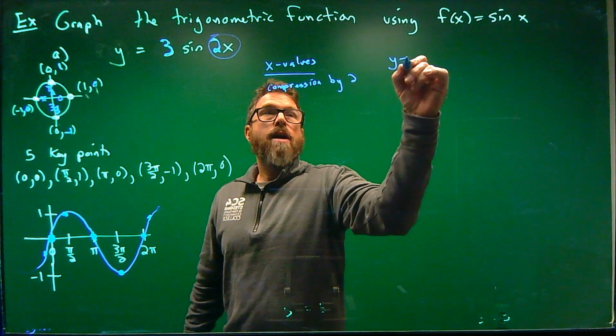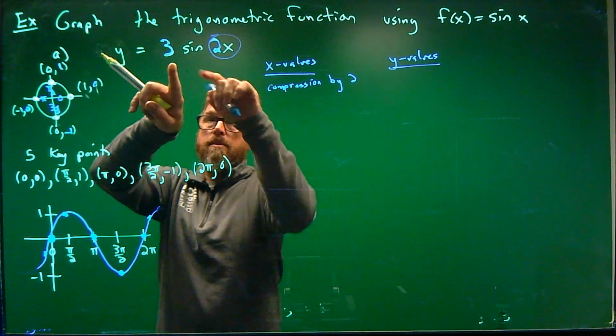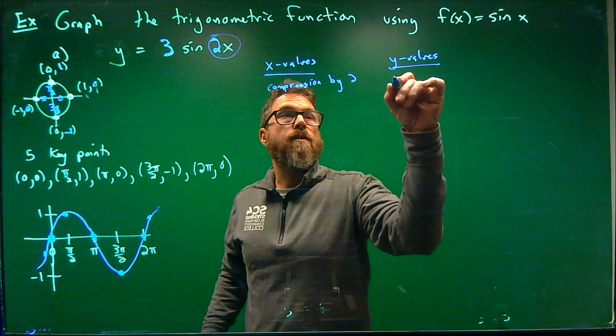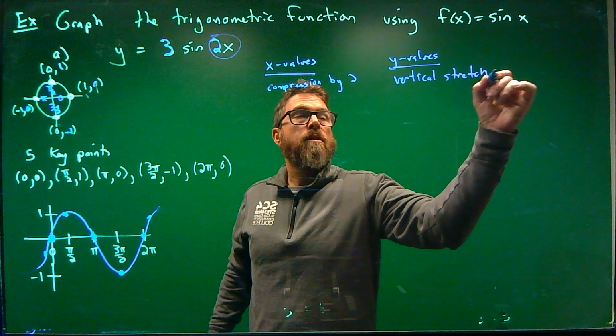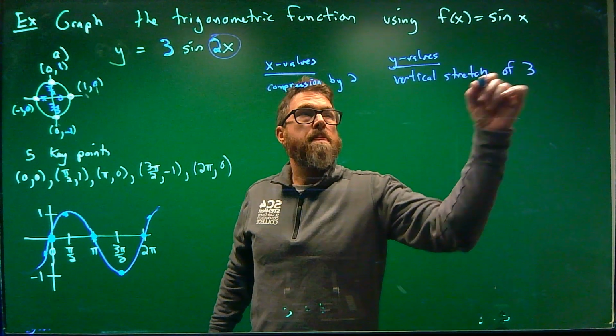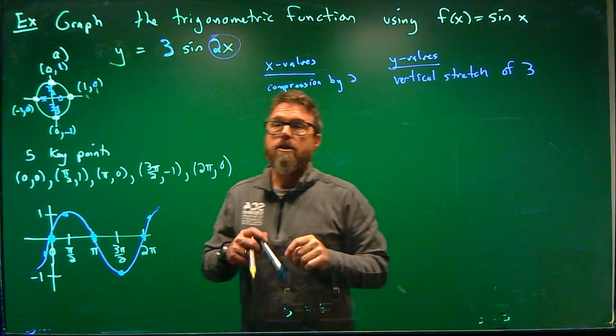And then we have the y values. This 3 is going to be the multiplication of 3, so this is going to be a vertical stretch of 3. So you're going to divide all the x's by 2, you're going to multiply all the y's by 3.